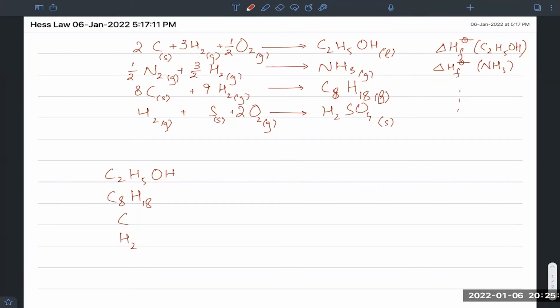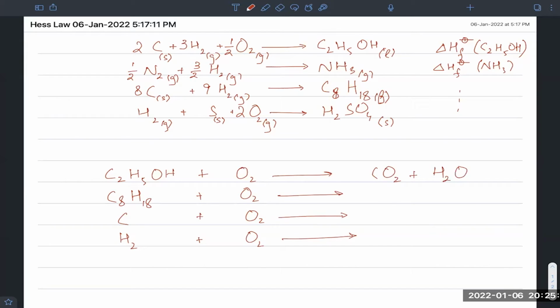Go on. So we have to understand that combustion requires oxygen, plentiful oxygen. So we'll react all of these with oxygen gas, and carbon will produce carbon dioxide, hydrogen will produce H2O. And that is the same product in the first two. Third one will give us just CO2, no hydrogens, no water.